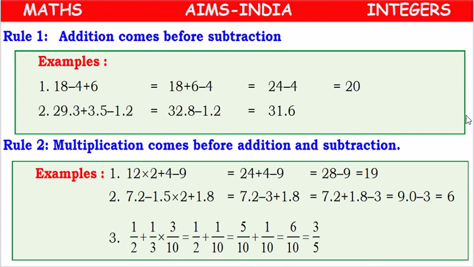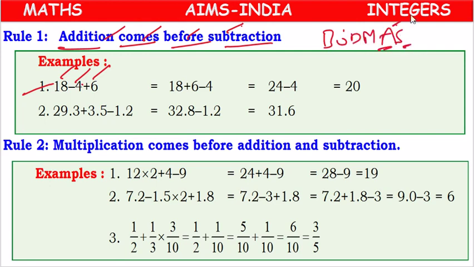So rule 1: addition comes before subtraction. Suppose we have 18 minus 4 plus 6. According to the BODMAS rule, from addition and subtraction, addition has to come first.